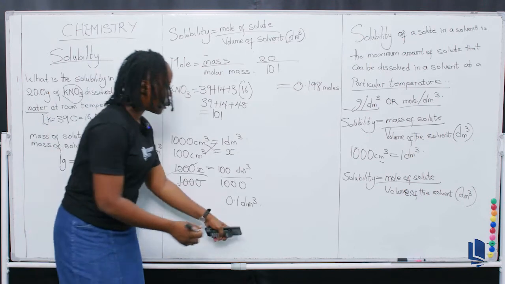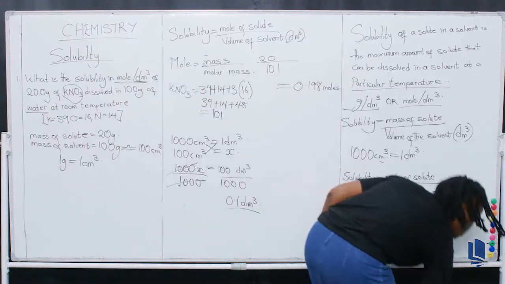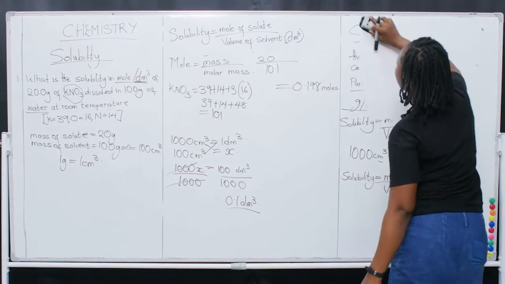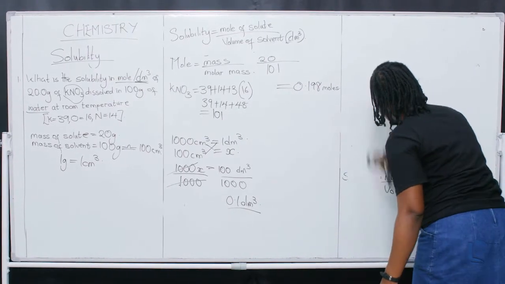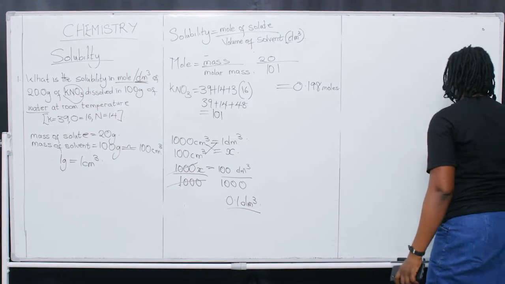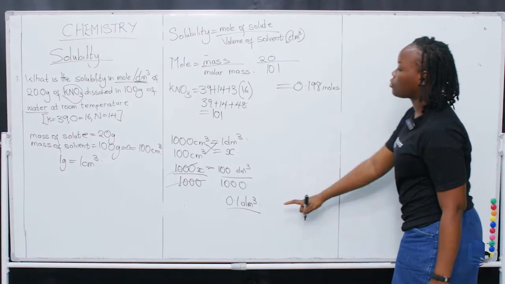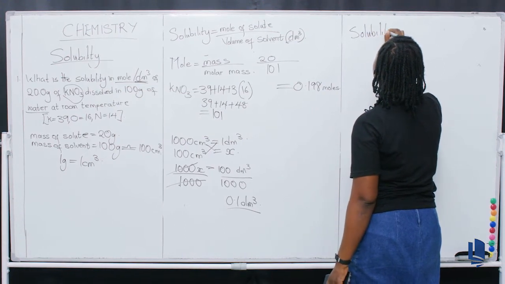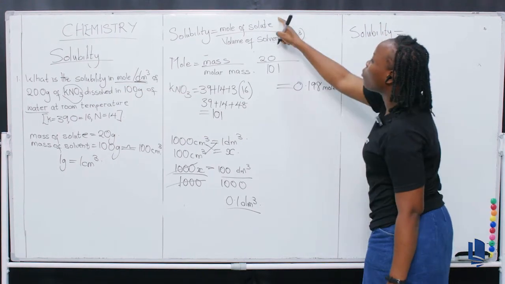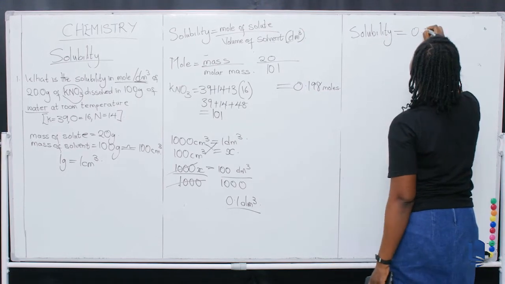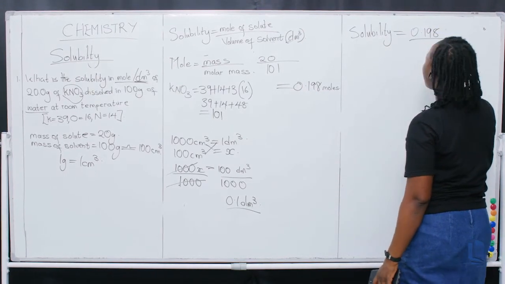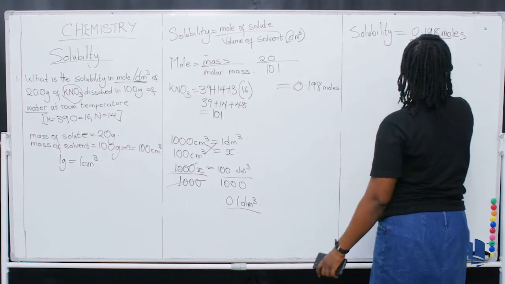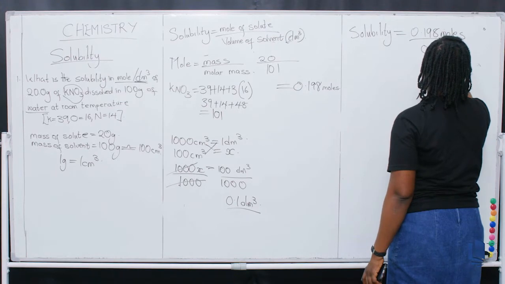All right, so let's use this value. So solubility equals mole, these are mole, 0.198 divided by our volume in dm cube, 0.1 dm cube.